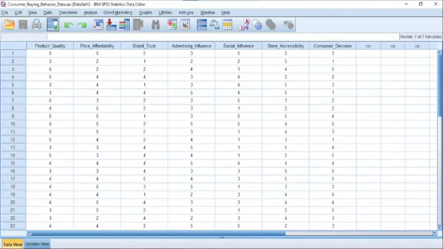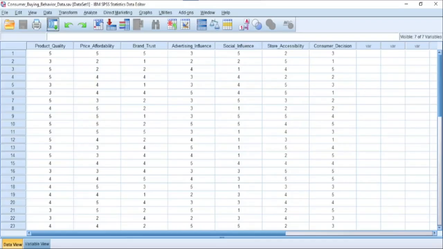This data describes a scenario of consumer buying behavior consisting of 25 respondents and 7 variables, designed to explore key factors influencing consumer decision to buy or patronize a product or service.